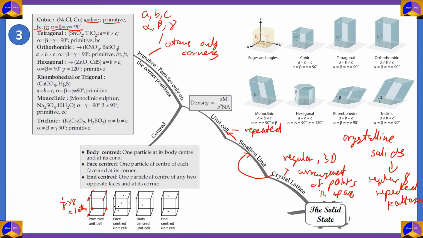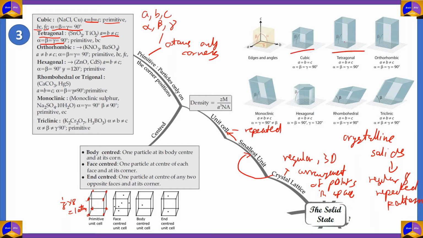The next kind of structure is tetragonal. In tetragonal, we have 2 of the axial lengths as equal, but they're not equal to the third one. So a is equal to b, which is not equal to c. However, all of the angles are still 90 degrees. As you can see, this is cubic.